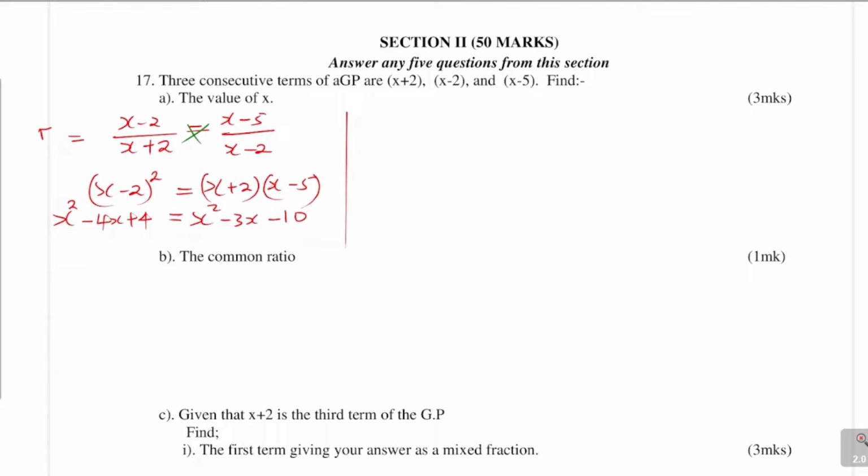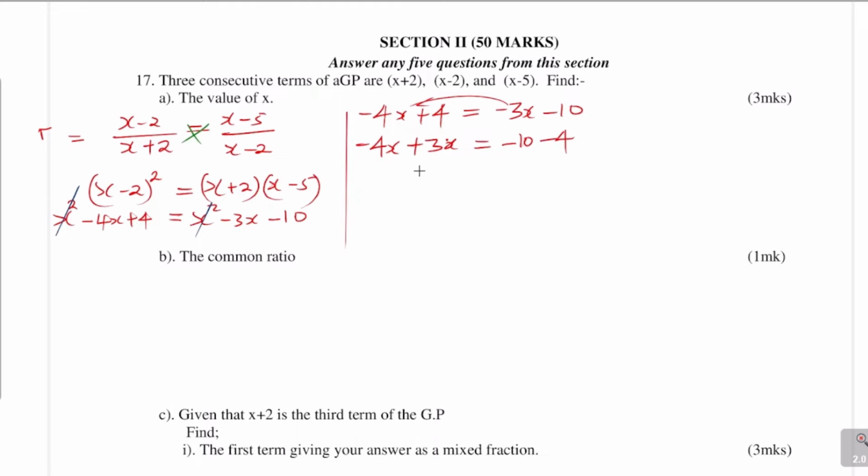You can subtract x squared from both sides, such that you remain with negative 4x plus 4 is equals to negative 3x minus 10, like that. Like terms together, so for x, you have negative 4x, then you bring this onto this side, you have plus 3x is equals to, take positive 4 to the right hand side, you get negative 10 minus 4.